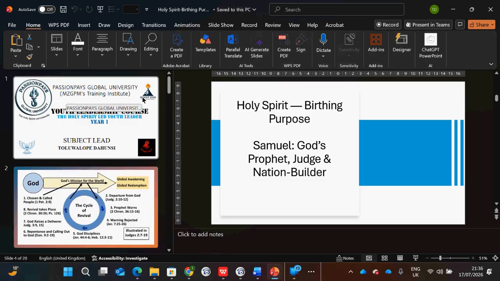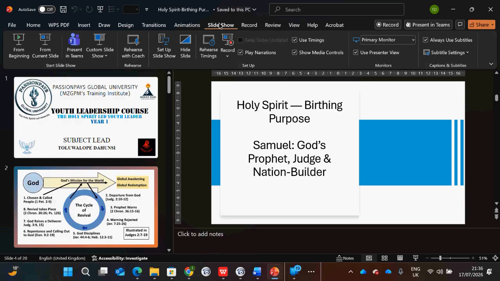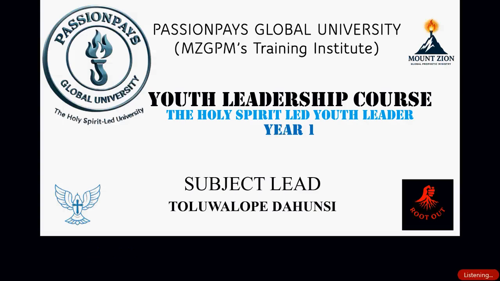What do I do? Once I connect myself with maybe free conference call or Zoom, you open your PowerPoint just as I have done, and to keep it flowing, you have to click on slideshow, and then you say begin from the beginning.